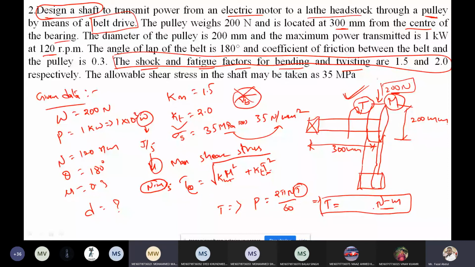Very good. T value calculated. Now the M value.